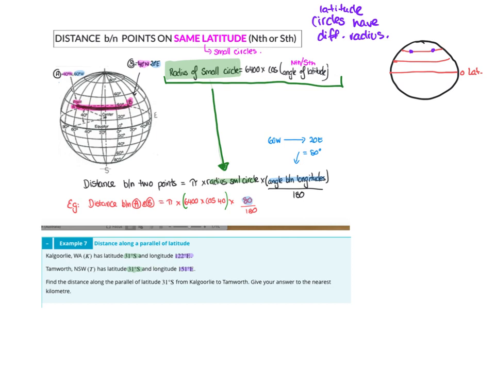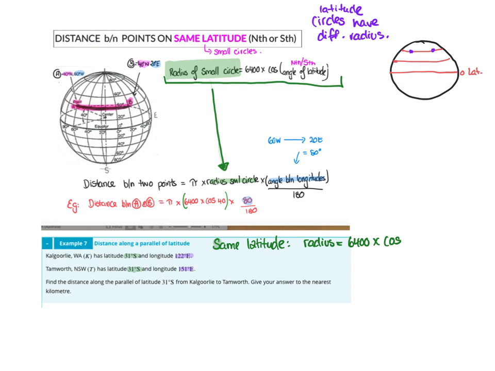When we know we're on the same latitude, we've got to find the radius. So the radius is going to be that formula up there. So it's 6400 times cos the angle of latitude, that is the same.